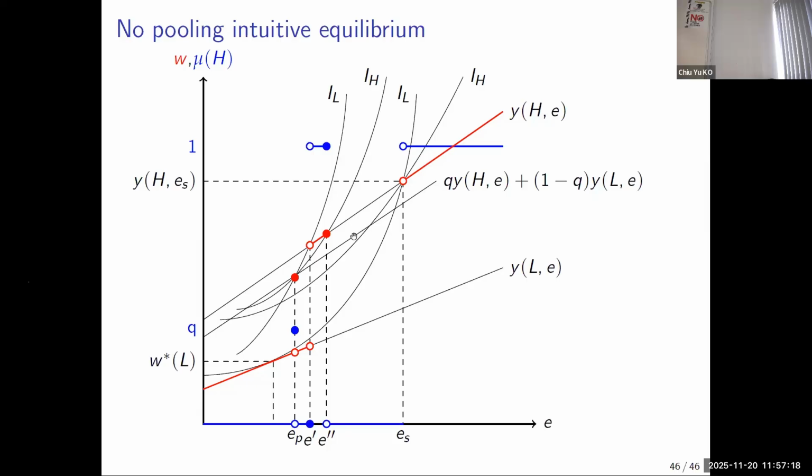Now we have the intuitive criterion. It's a similar idea, but instead of comparing the best case and worst case scenario, we compare the equilibrium scenario. In equilibrium, you are here. Look at here: if you are a high or low type, getting this education, getting the best case scenario, it's not better than what you have here.